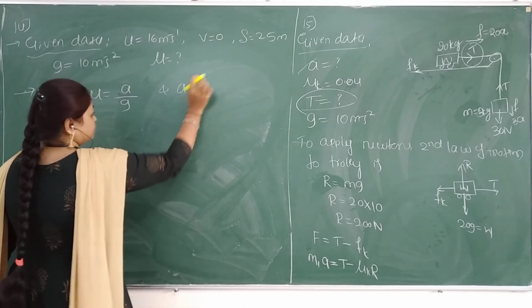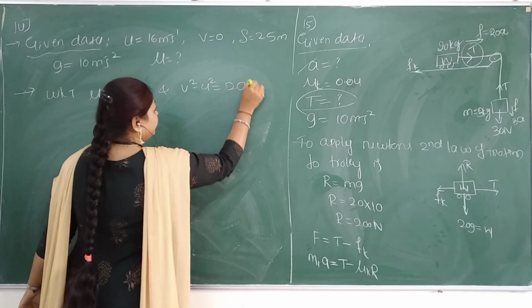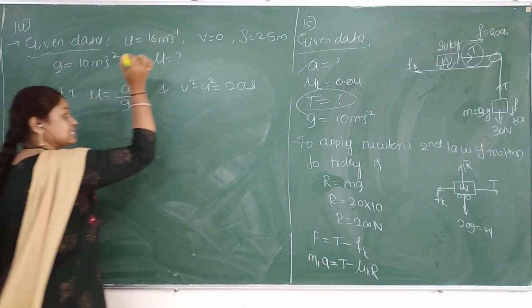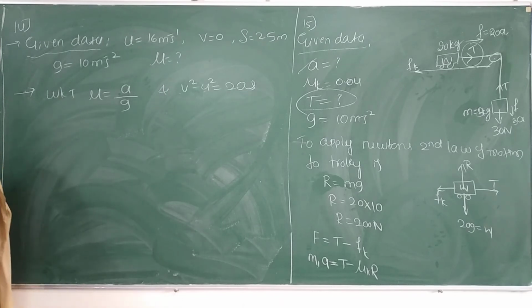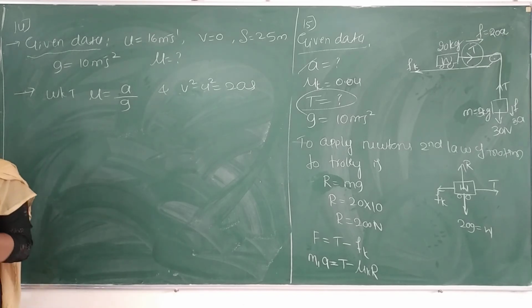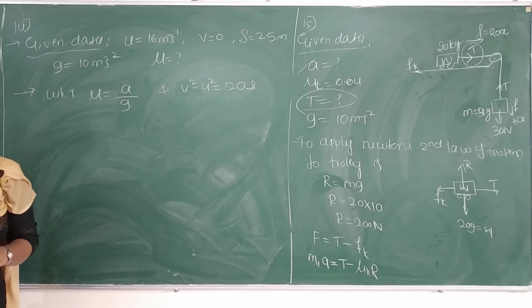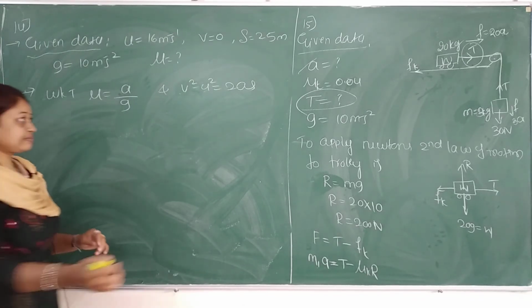And A, you can write v square minus u square is equal to 2as, because you have to calculate acceleration; final and initial velocity are given, and also the distance is given. Now rearrange the formula. Calculate acceleration first.